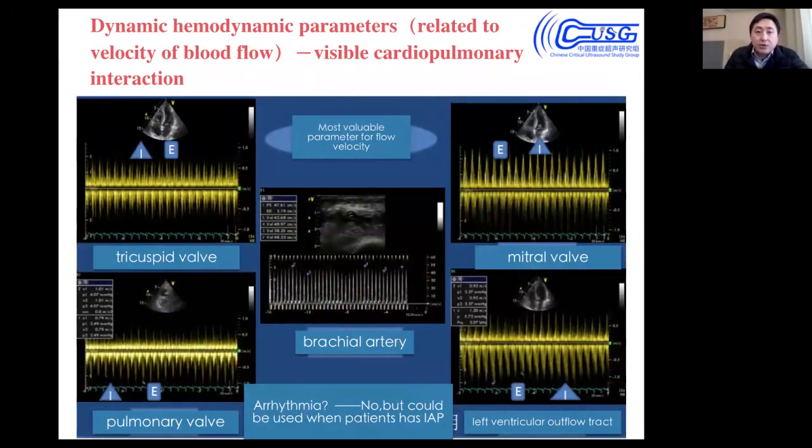Also, we can use other dynamic hemodynamic parameters related to the blood flow to help us judge fluid responsiveness.